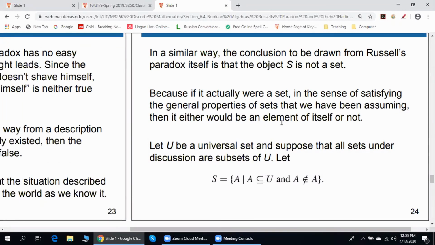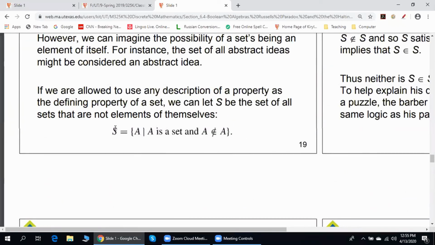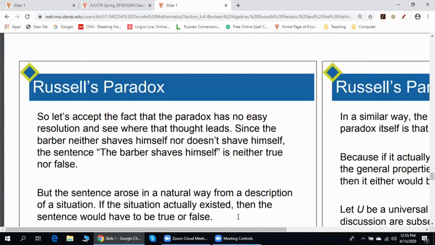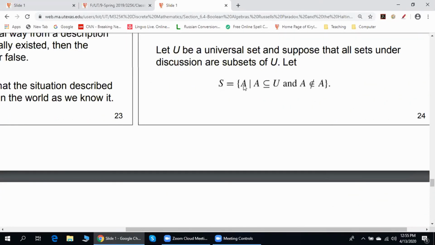So in our problem, we deal with sets. Let us assume that all these sets belong to a universal set. In other words, instead of considering this, let us consider this. Suppose S is the set of all sets A, such that A is not an element of itself and A is from some universal set U.